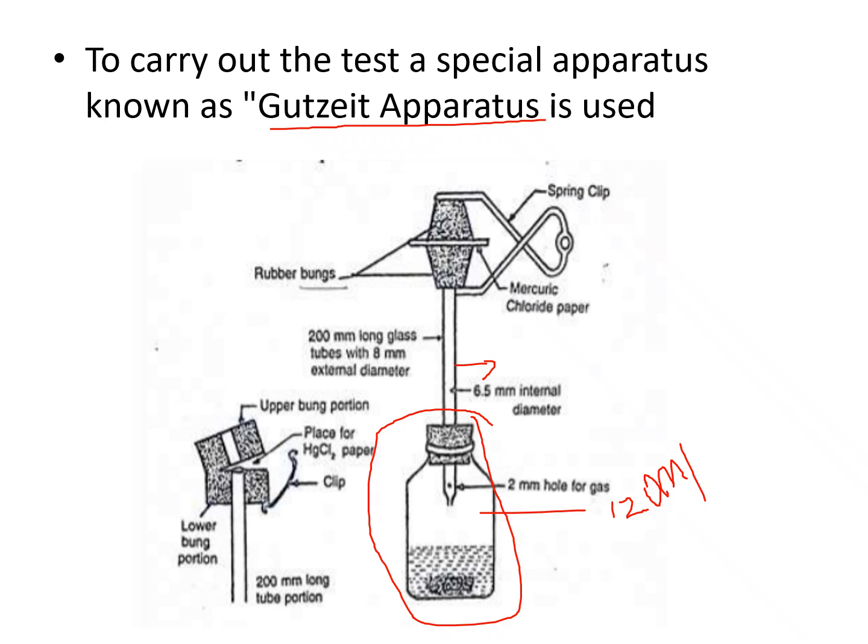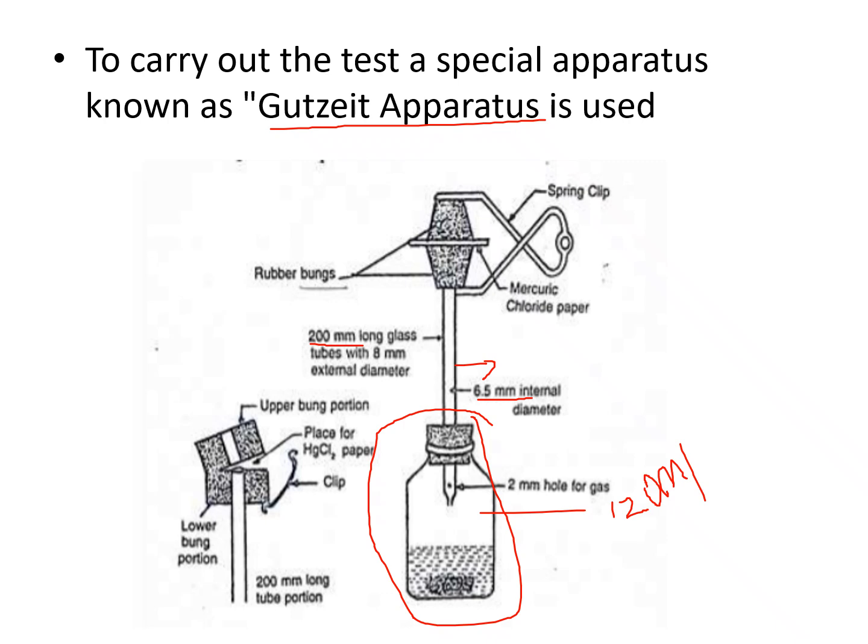This is the glass tube. This is a wide mouth bottle which has a capacity of 120 ml, and a glass tube is fitted which has a length of 200 mm and an internal diameter of 6.5 mm, and a hole of 2 mm diameter is placed at the lower end.